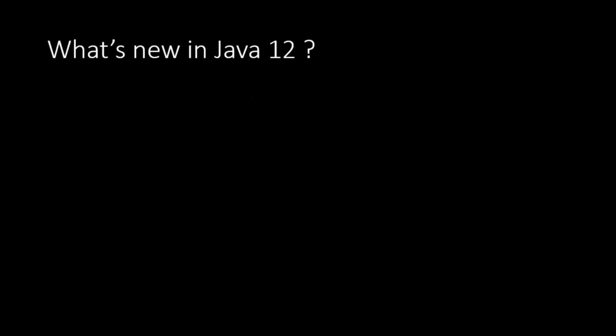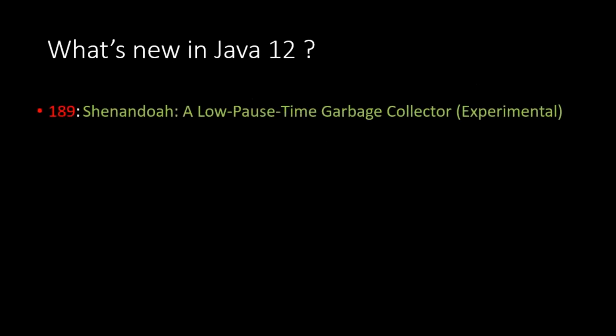What's new in Java 12? Many features have been introduced in Java 12. One of them is the Shenandoah algorithm, a low-pause time garbage collector that has been introduced in the new JDK 12. And what's 189? 189 stands for the JEP number, which is Java Enhancement Proposal 189.